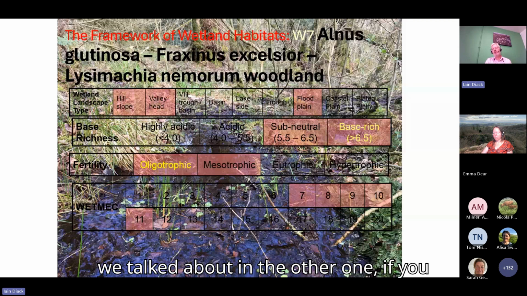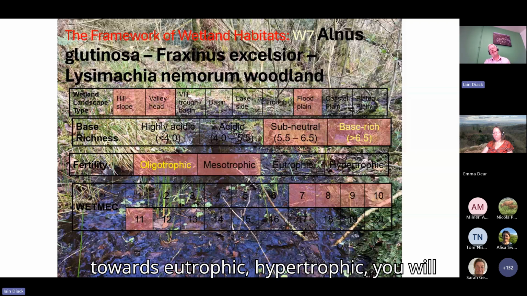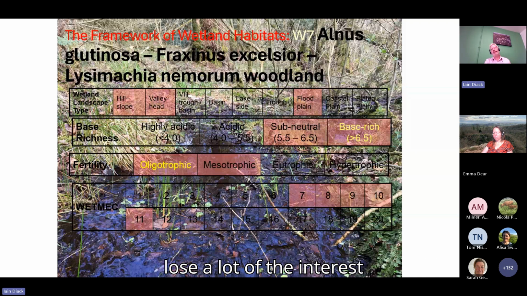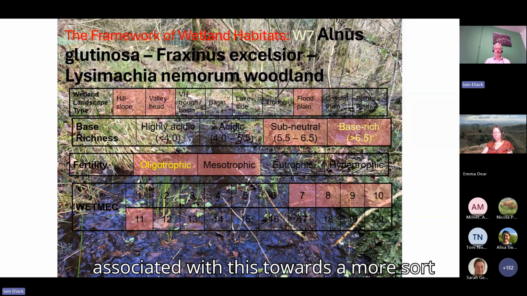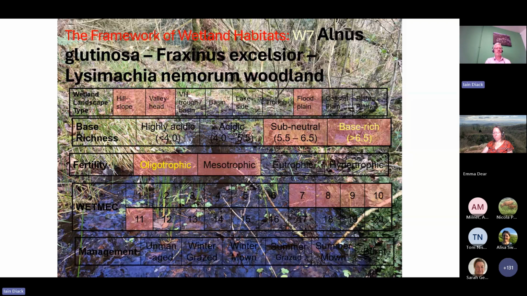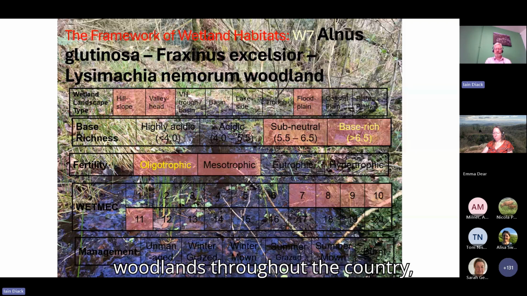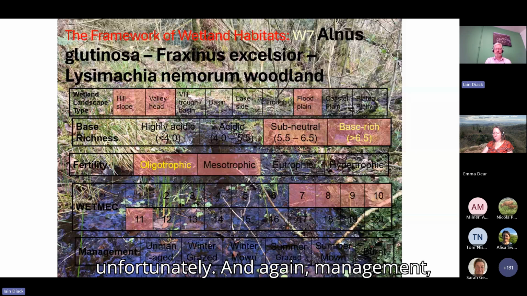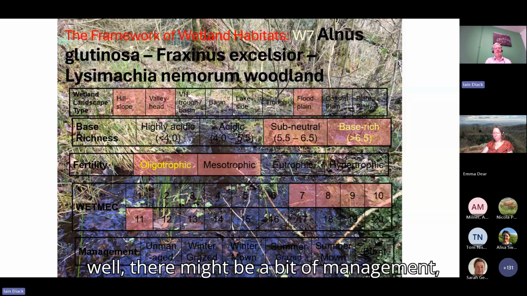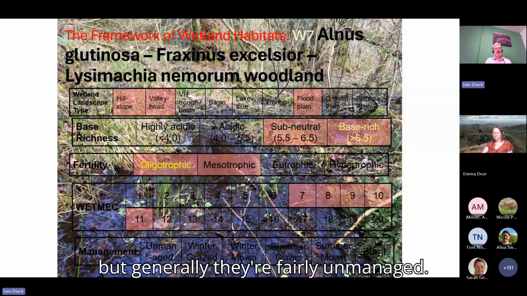As we talked about with the other one, if the nutrient levels increase towards eutrophic, hypertrophic, you will lose a lot of the interest associated with this, towards a more nettle dominated sort of thing that we see in many of our wet woodlands throughout the country, unfortunately. And again, on management, there might be a bit of management, but generally they're fairly unmanaged.